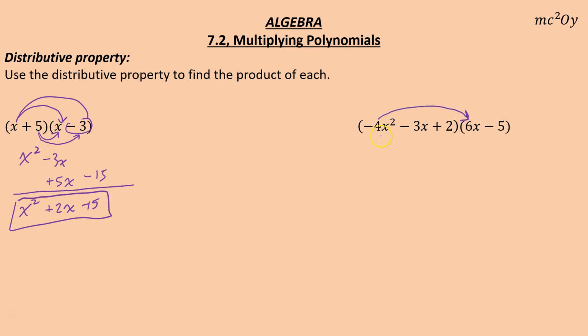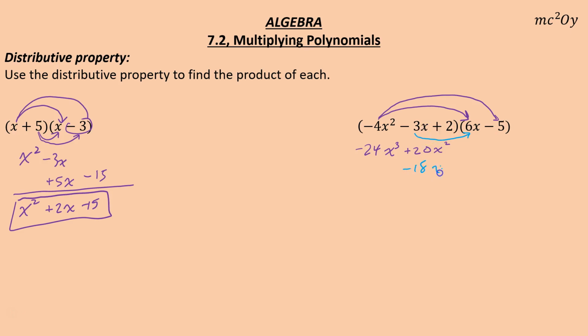term in the first. So negative 4 times positive 6 is negative 24. X squared times x is x cubed. And negative 4 times negative 5 is positive 20. And x squared, no x's there. All right, and then if I switch out my colors here, I have negative 3 times 6, or negative 18.